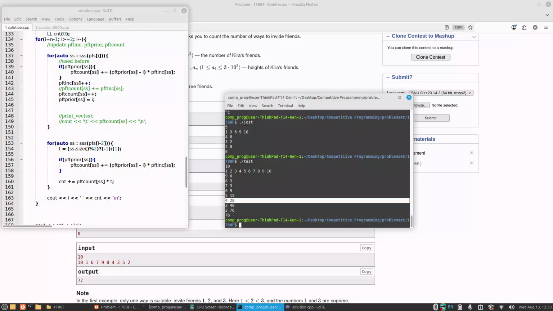Yeah, so what it should be doing is adding 1 plus, which is 21, then it subtracts the things that divide.